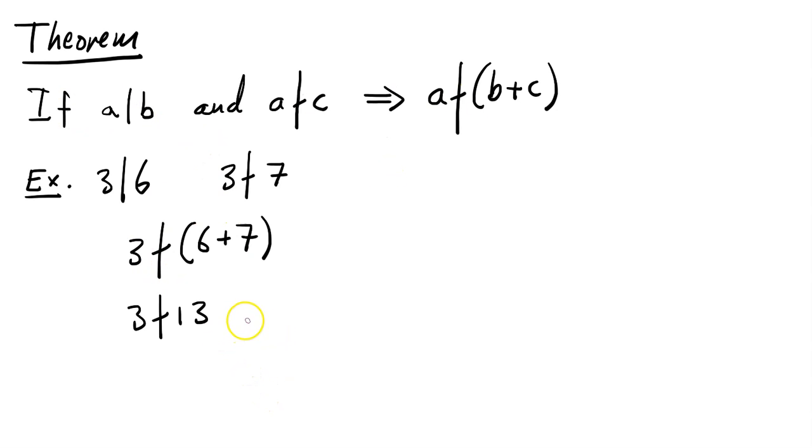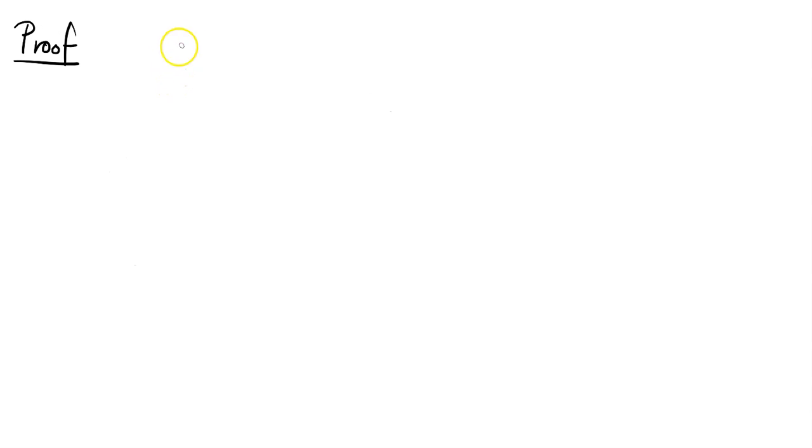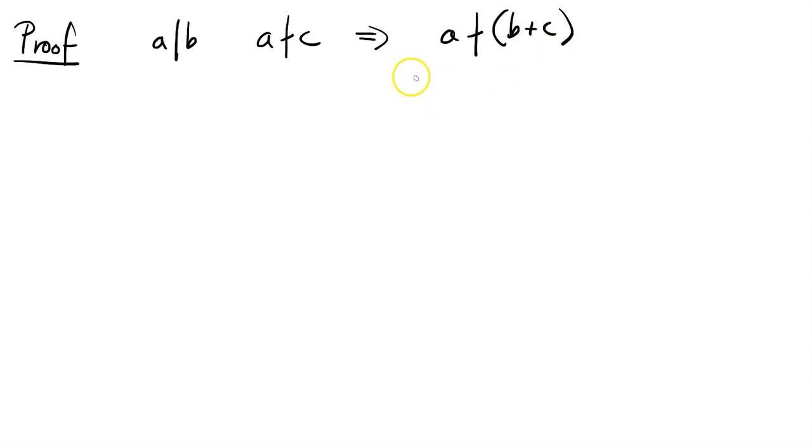But now we want to prove that it's true always for any numbers A, B, and C, fulfilling these preconditions. So now we want to prove it. Now we want to make a proof by contradiction. And remember that we assume that A divides B and A does not divide C. And we want to prove that it follows then that A does not divide B plus C. So let us do a proof by contradiction.